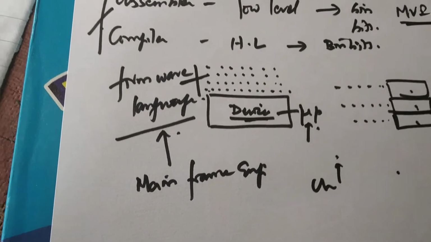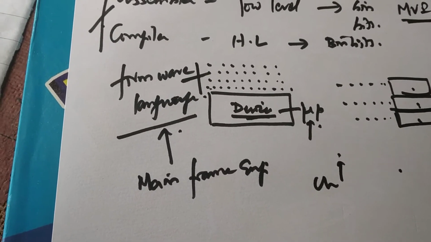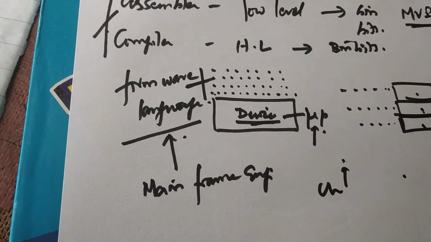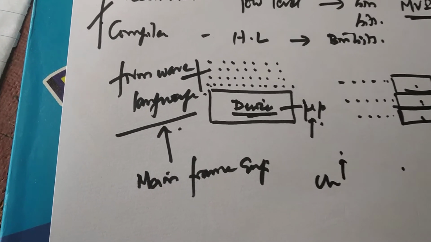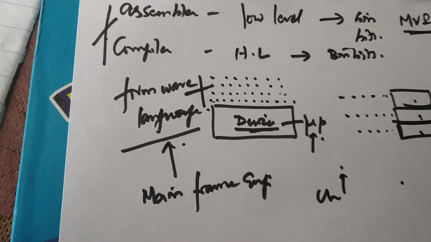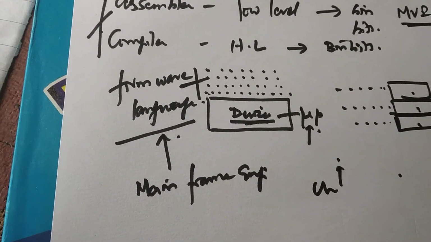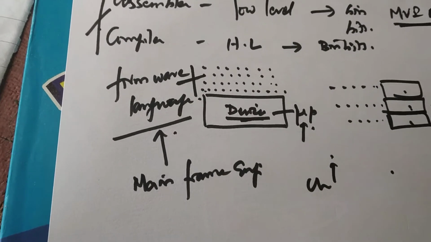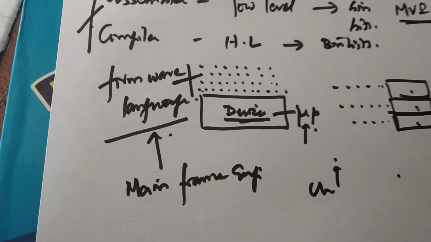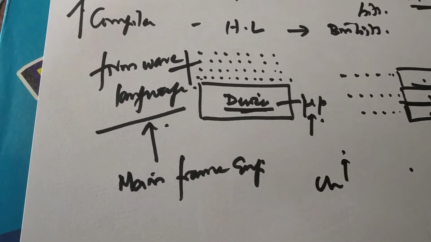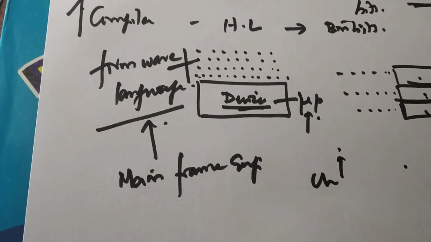A highly equipped mainframe engineer is required here. Suppose I have a Benz car, the driver should behave so as to drive a Benz car, and should not behave as if driving an Ambassador. If it is so, then the Benz car will behave as an Ambassador alone. So this is mainframe engineering.